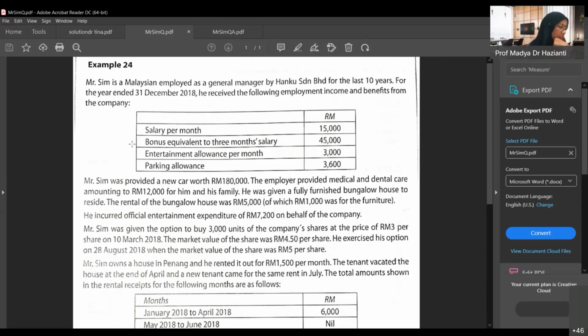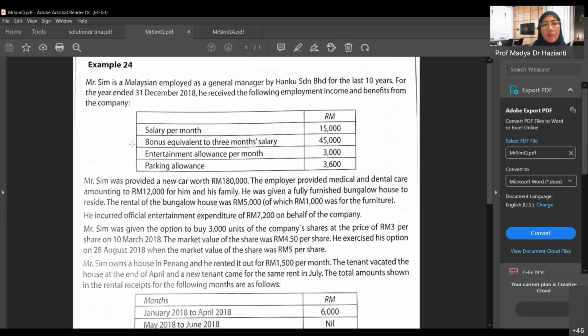Okay, so how much is his salary? We always start with section 13(1)(a). 180, very simple, for salary 15,000 times 12. Okay. Bonus.